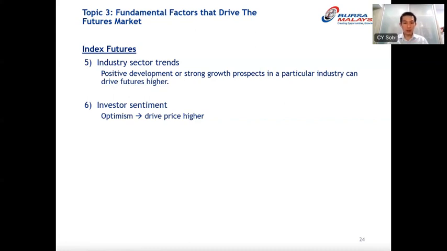Positive developments or strong growth in a particular industry may drive the futures index higher, especially for the financial services industry, because the banking sector or the financial sector actually has quite a heavy weightage in our FBM KLCI index.